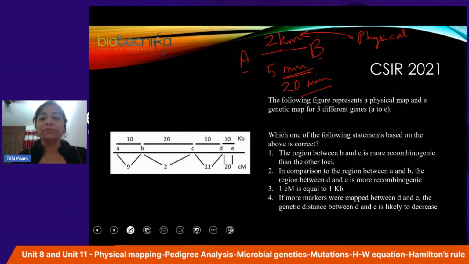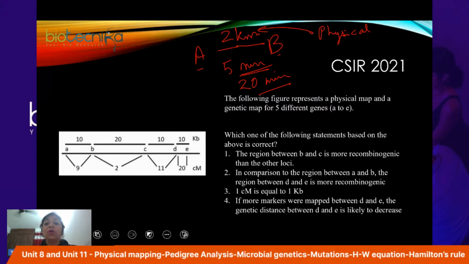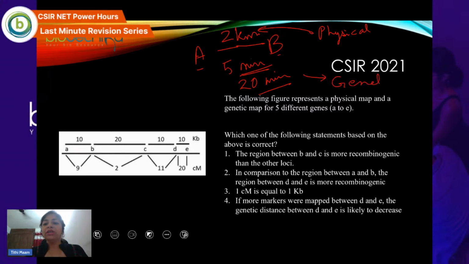Do you agree? So that is what genetic mapping is. Even though the distance between genes in terms of physical mapping remains the same number of base pairs, whether the genes are highly linked, closely linked, or incompletely linked depends on whether the area is recombinogenic or less recombinogenic.